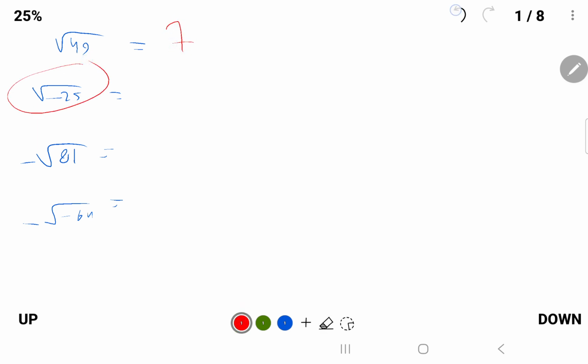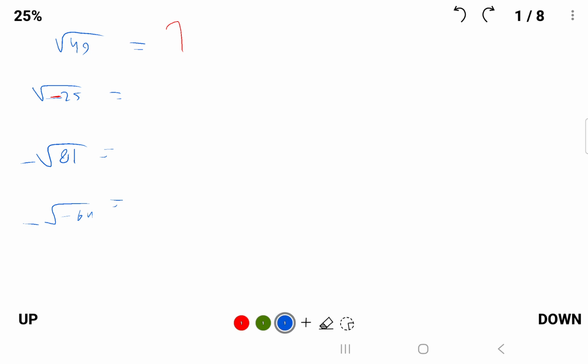Now, what about this example? Here you have a negative sign. So this will give you a real number, and this will give you a real number with an imaginary number.